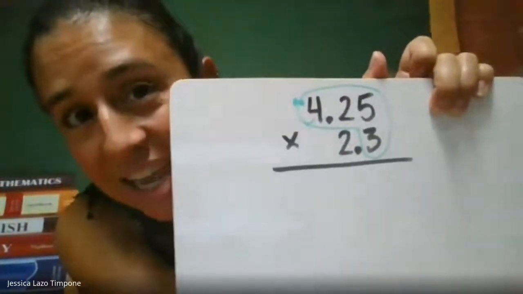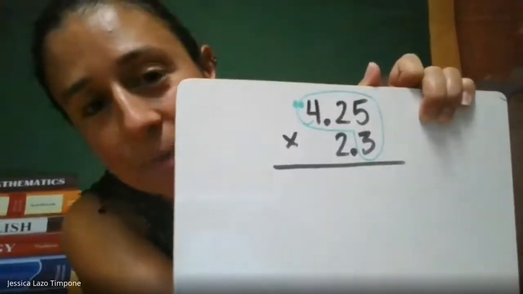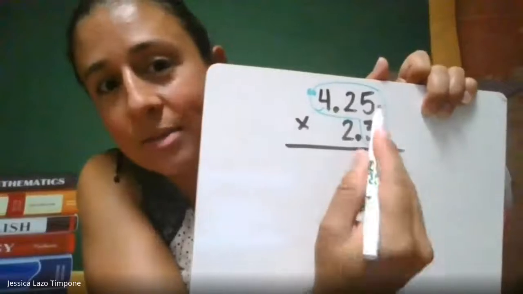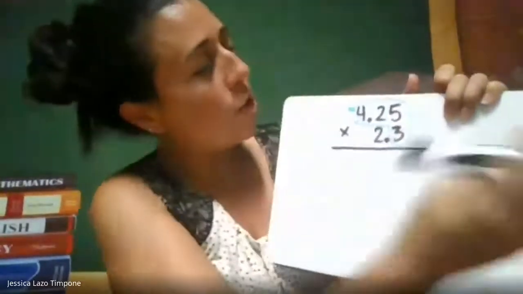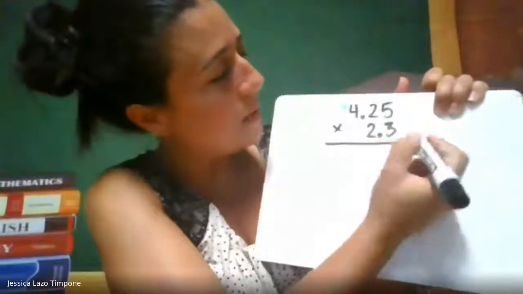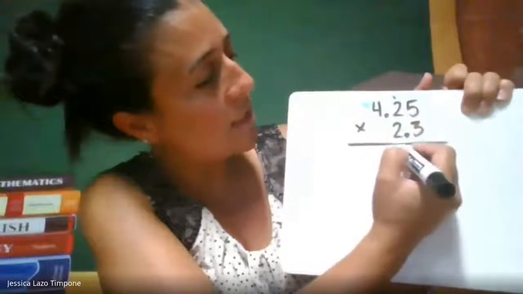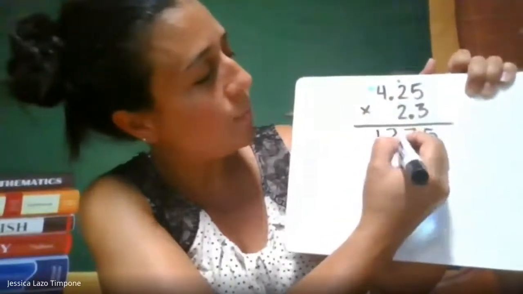That's my turtle's head, and her name is Charlotte, and she's my favorite person in the whole wide world. So we're going to multiply 3 times 5, 3 times 2, and 3 times 4. 3 times 5 is 15. Carry the 1. 3 times 2 is 6, plus 1 is 7. 3 times 4 is 12.